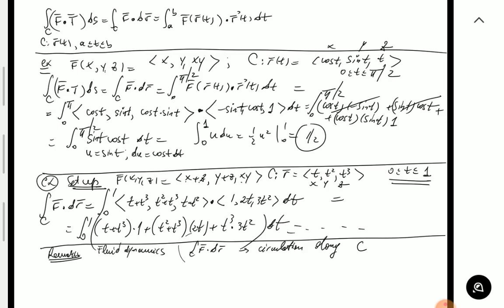So let me make a point like this. For example, let's say this is the path, and let's say the force field looks like that.